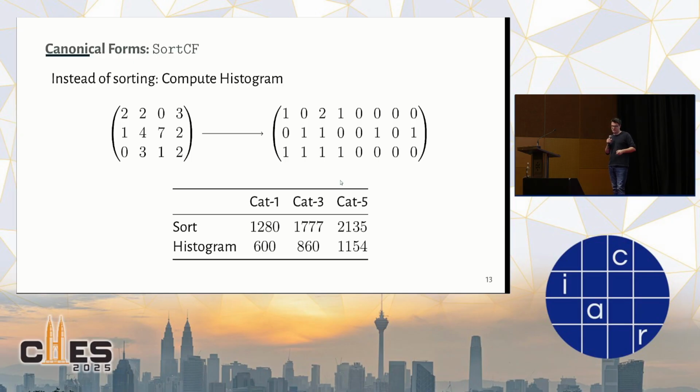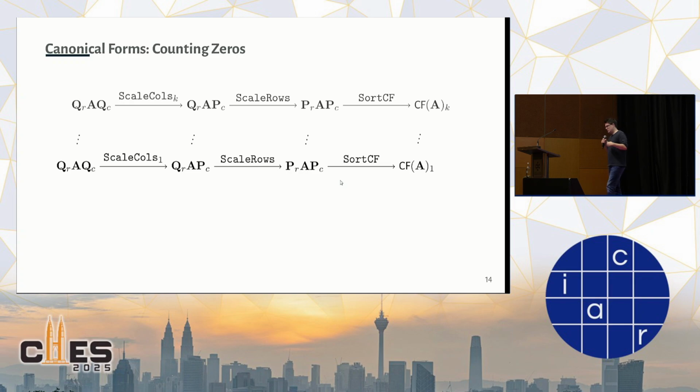Next, I want to have a look into the full canonical form computation and how we can do it faster. And for this, the core idea to optimize this canonical forms computation is to skip over as much computation as possible, for which we know beforehand they will not lead to a shorter canonical form. Right?